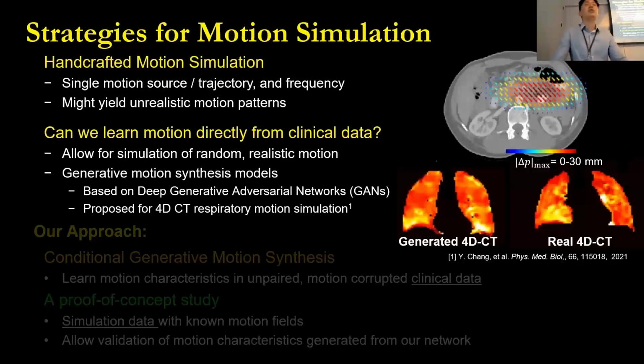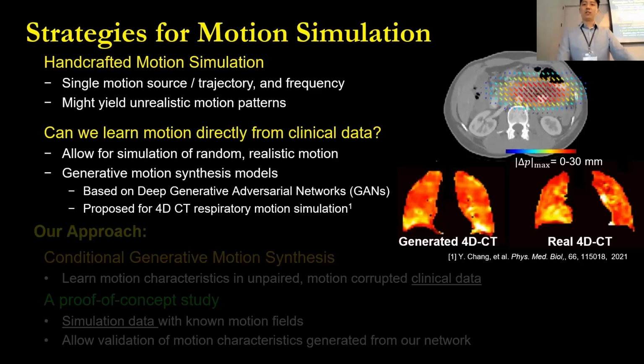Here are some strategies for motion simulation. First, it might not be ideal to use only handcrafted features, as most of these approaches use simplified patient motion, which may result in unrealistic motion patterns. So we ask, can we learn the motion directly from the clinical data, which allows for the simulation of random and realistic motion?